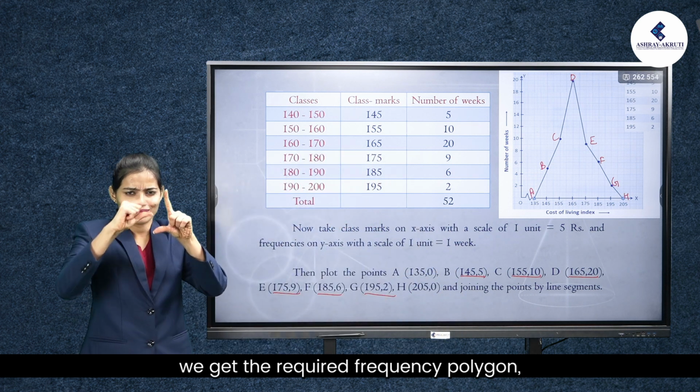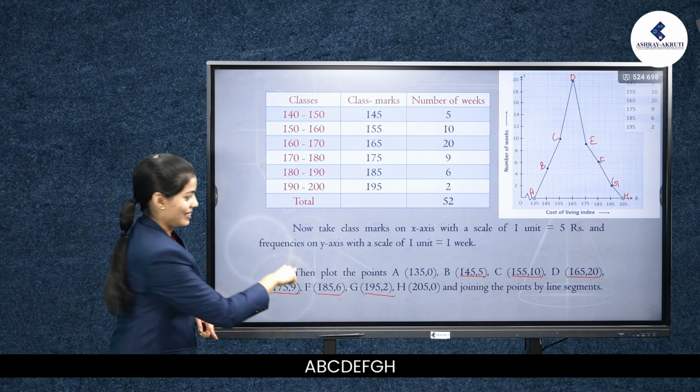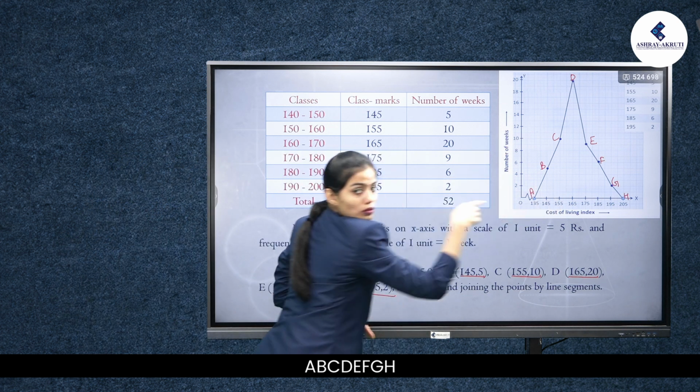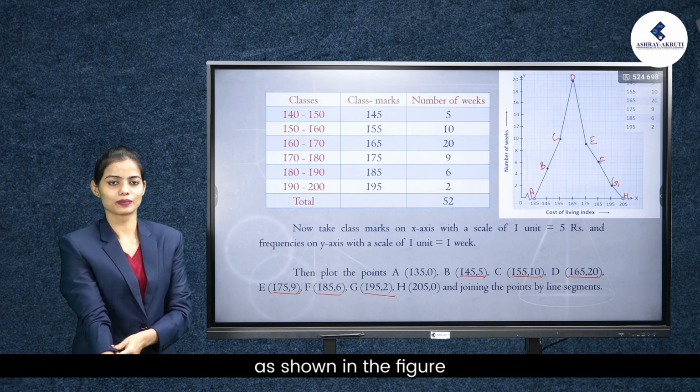We get the required frequency polygon A, B, C, D, E, F, G, H as shown in the figure.